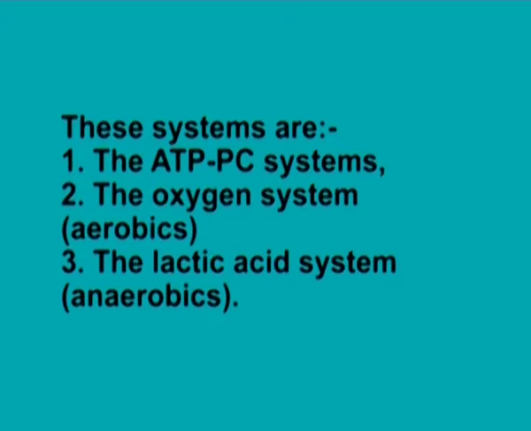These systems are the ATP-PC system, the oxygen system, that is aerobics, and the lactic acid system, that is anaerobics. Ultimately, oxygen is needed for the release of all energy sources.